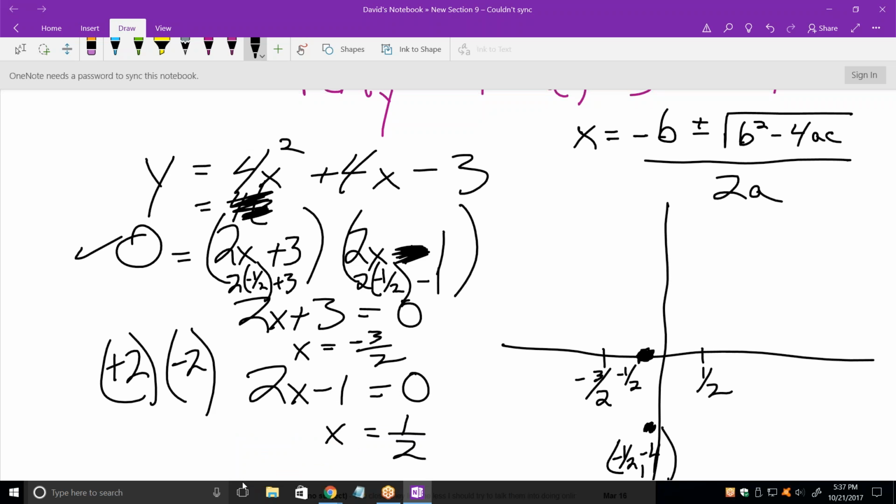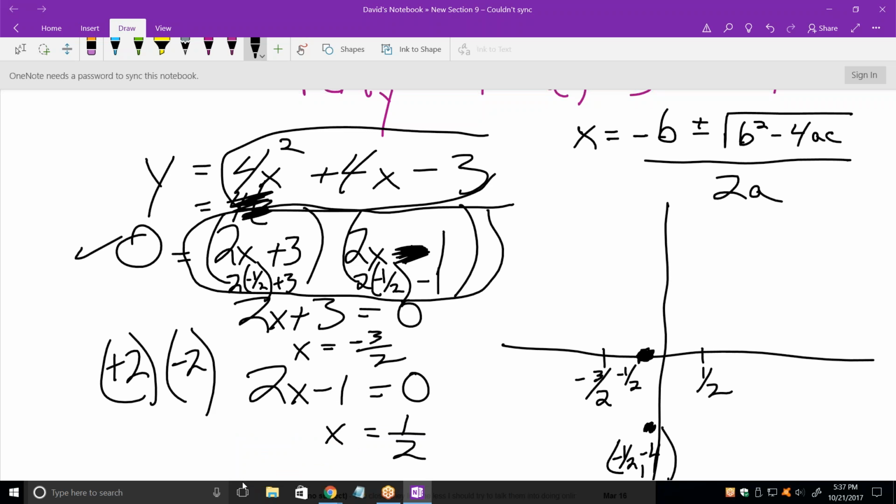And the math was easier to plug it into that than it would have been to plug it into that. Because that one I would have had to square -1/2. I would have had to put in a fraction into there. And this one, it worked out nice and easily because each x was being multiplied by 2. So it immediately turns into an integer.